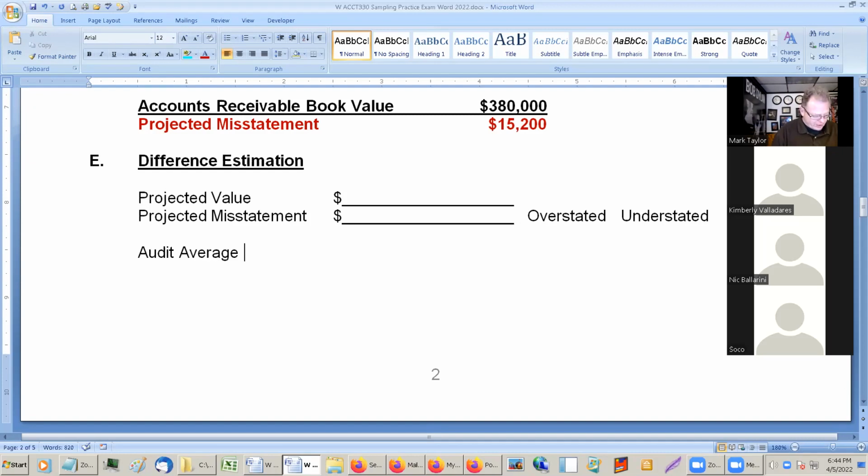And this one is a little bit quirky too, because it starts out with you find the misstatement first. So this gives us our difference.